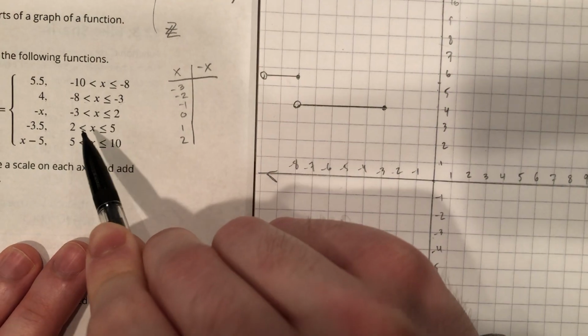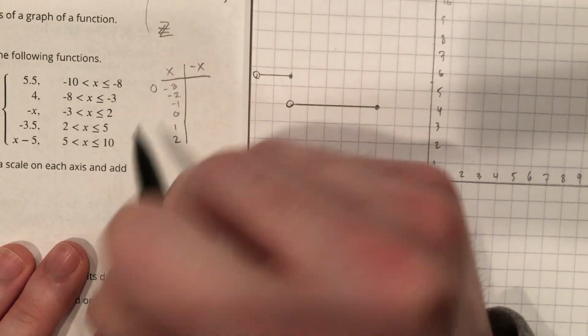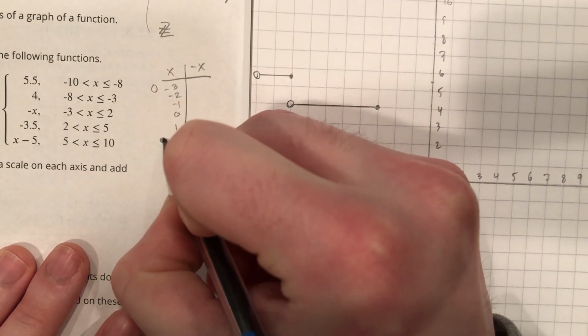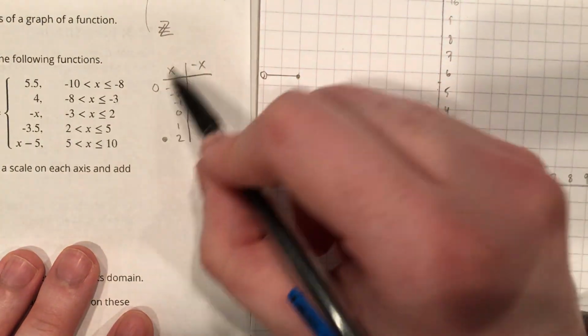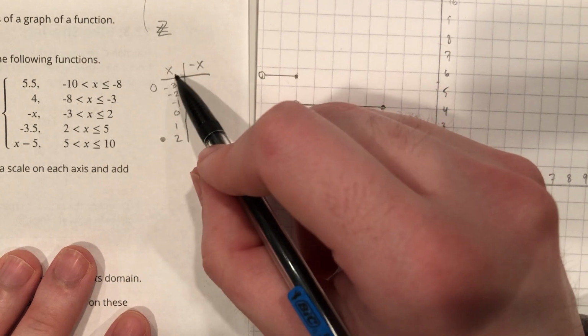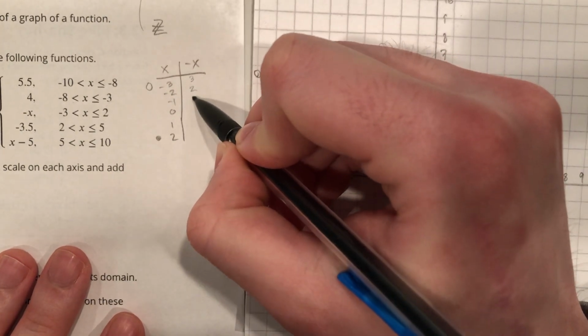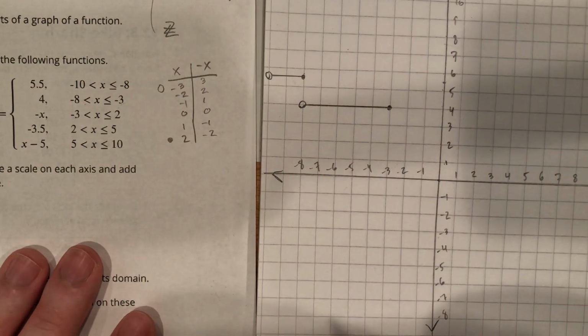And sometimes what I like to do, if I see it's not including -3, I put an open circle by -3 to remind myself, and then a closed circle by +2 to also help myself remember. All right, so I'm just flipping it, right? I'm making it positive if it's negative, or negative if it's positive. So this becomes 3, 2, 1, 0, -1, -2.